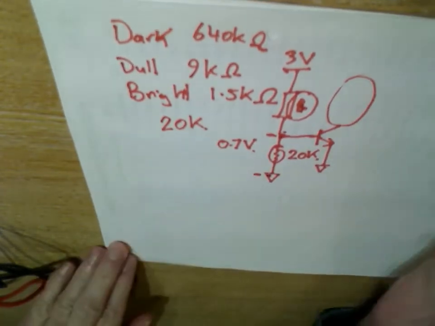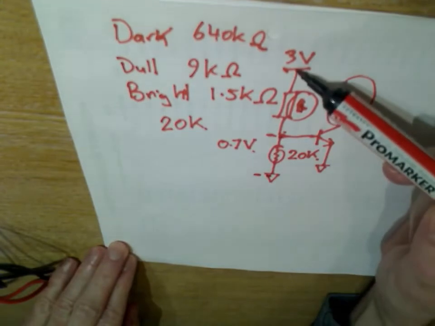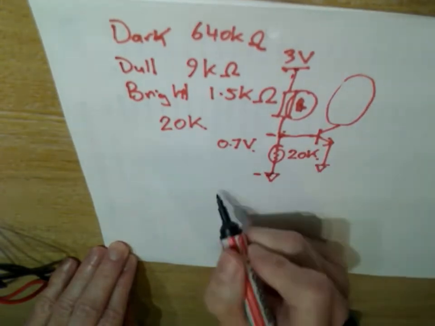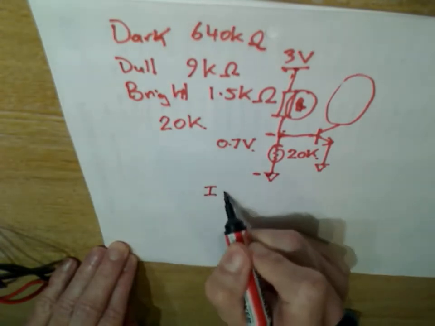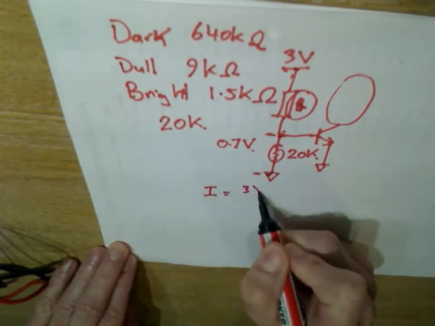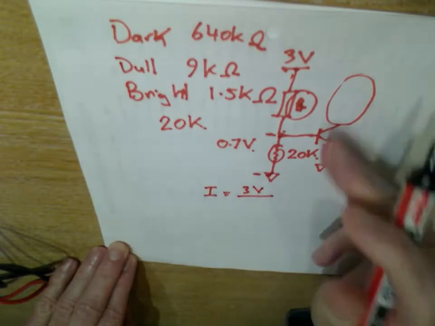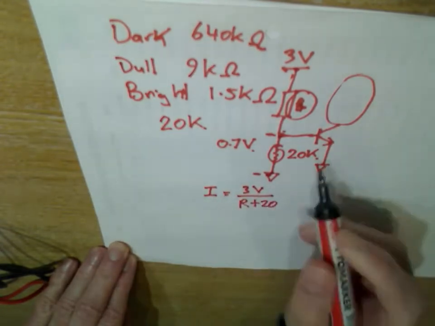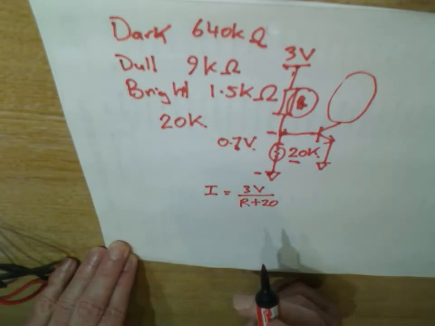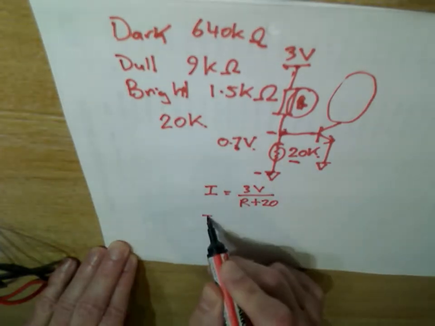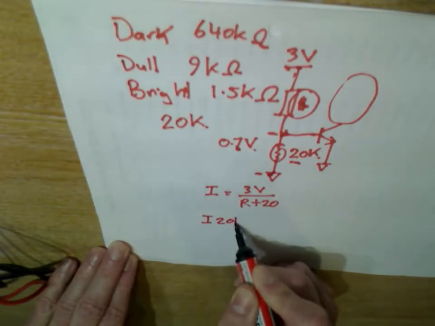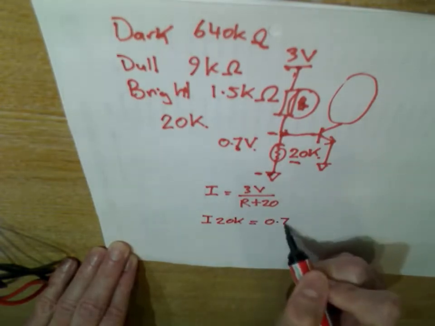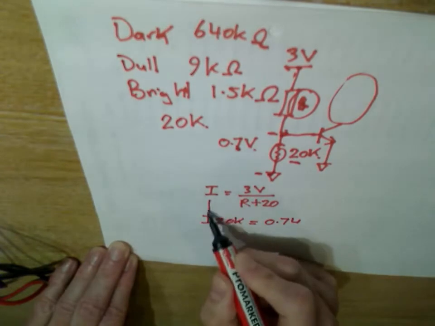Well, the current going from here to here is given by I equals V divided by the total resistance, which is R plus 20. I'll omit the K sign, I'll just put 20. So we need I times 20k to be equal to 0.7 volts, which is that figure there.